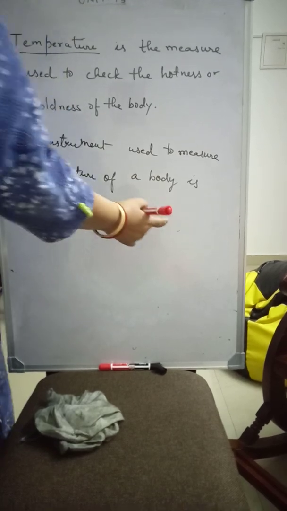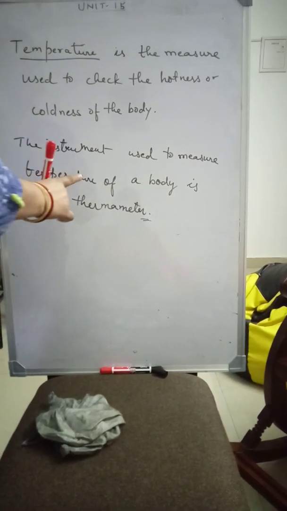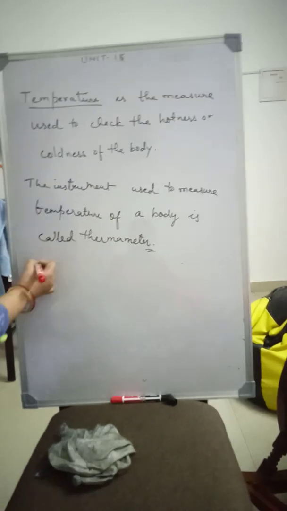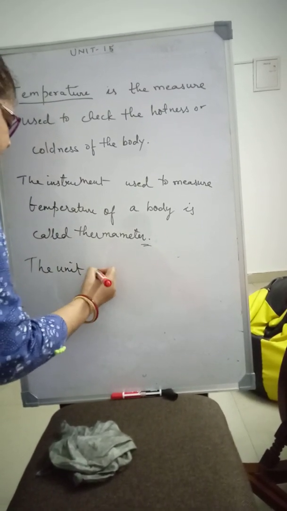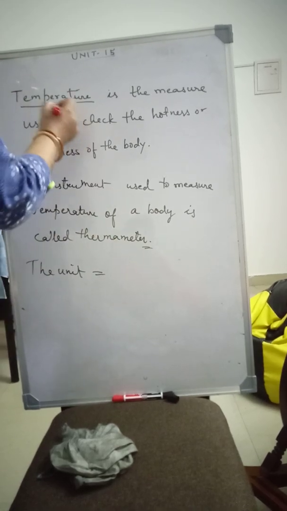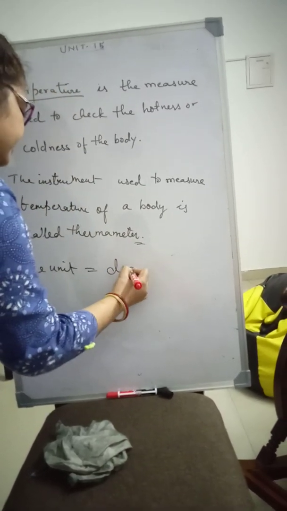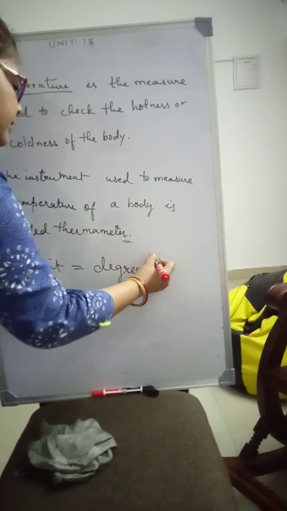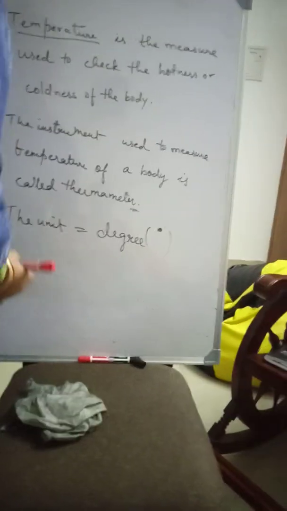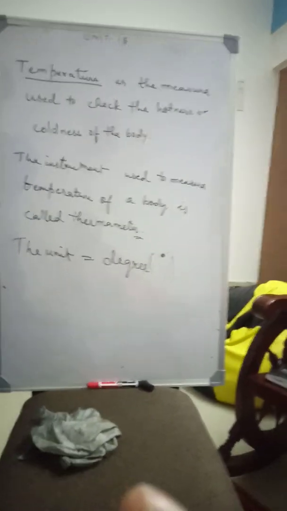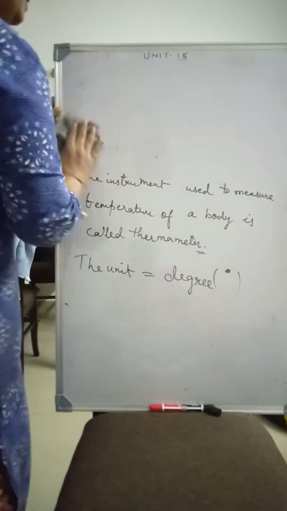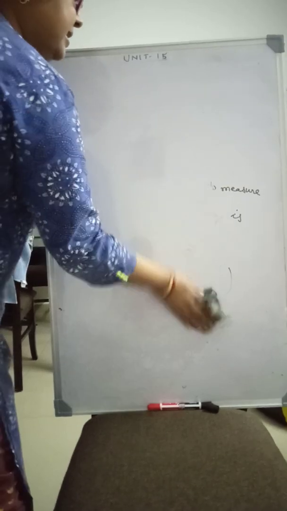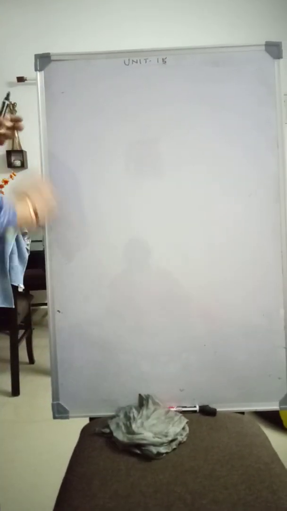Now the unit which is used to measure this temperature is called degree, like this. Correct? So here two types of thermometer are used. How many types of thermometer?